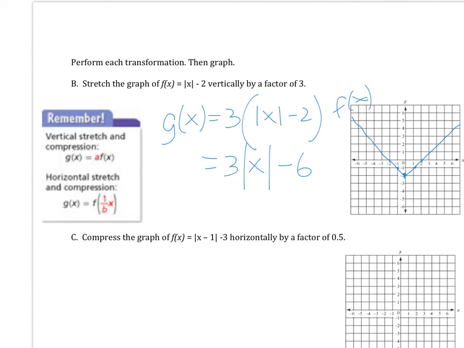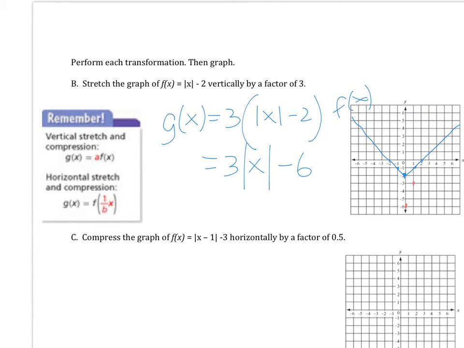But then a stretch, put some values in there. I put a 0 in there and I get 0 minus negative 6 is negative 6, my bad. Put a 1 in there and I get negative 3.